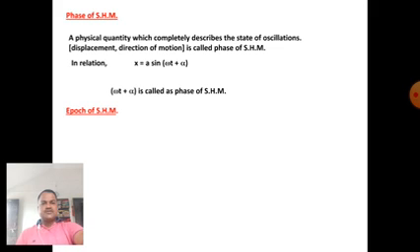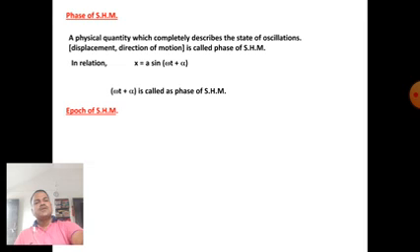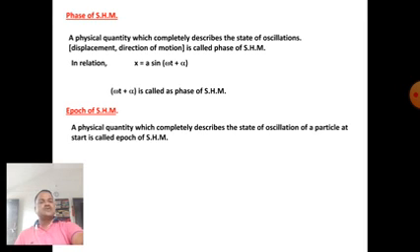Now the epoch of SHM. In that expression, alpha is called the epoch of SHM. It is also called the initial phase of SHM, or the starting phase. The initial phase of SHM, which completely describes the state of motion of a particle at the start, is called the epoch of SHM.